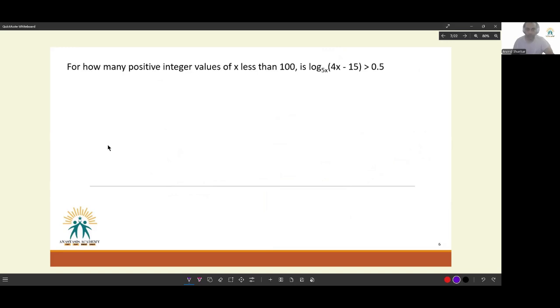Okay. Next question. For how many positive integer values of x less than 100 is log of (4x minus 15) to the base 5x greater than or equal to 0.5? I can write this as log of 4x minus 15 is greater than 1 by 2.